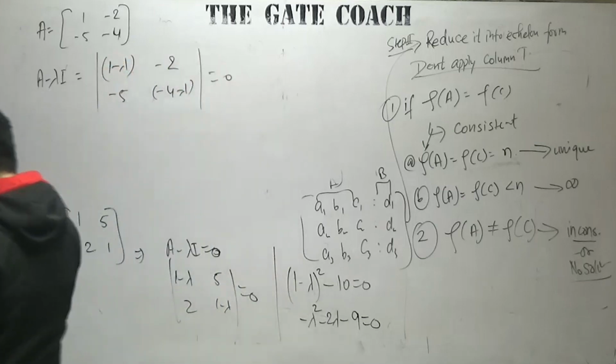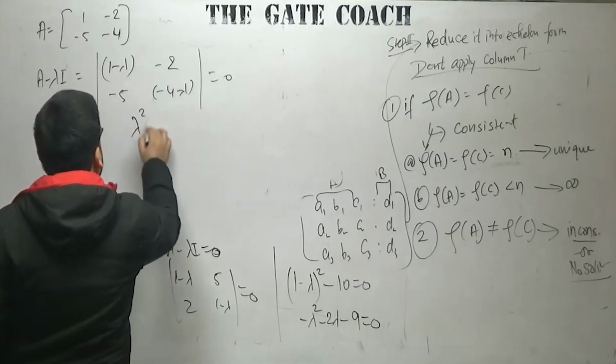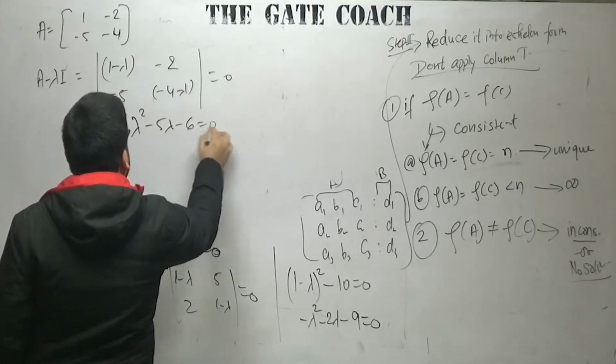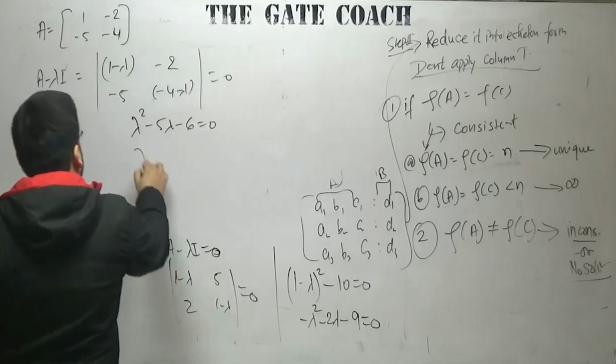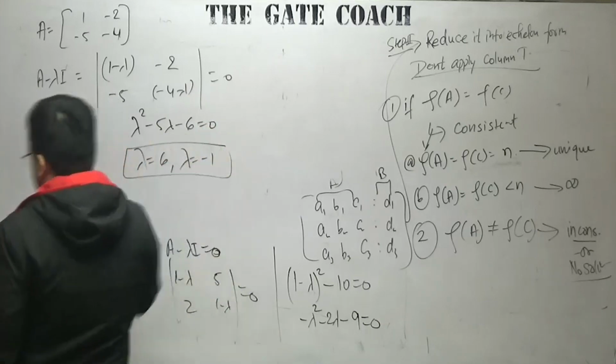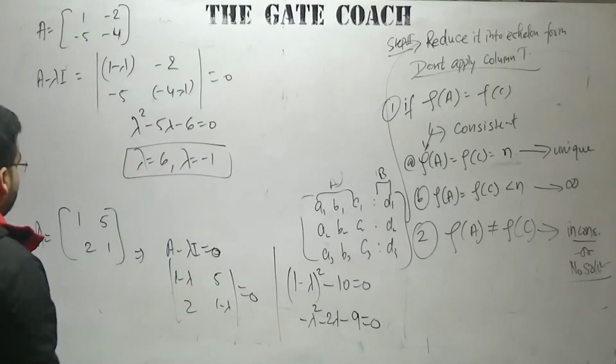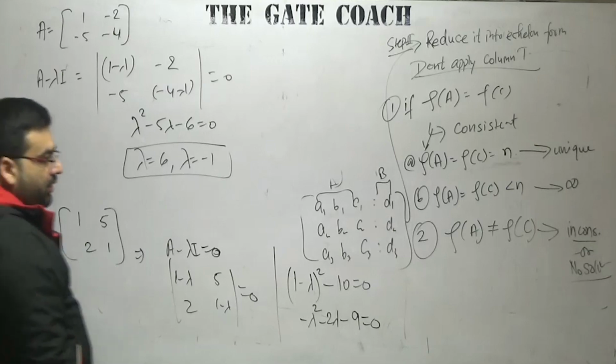If you solve it, you will be getting lambda square minus 5 lambda minus 6 is equal to 0. You will be getting lambda is equal to 6 and lambda is equal to minus 1. So these are the two eigenvalues which you will be getting, characteristic values.